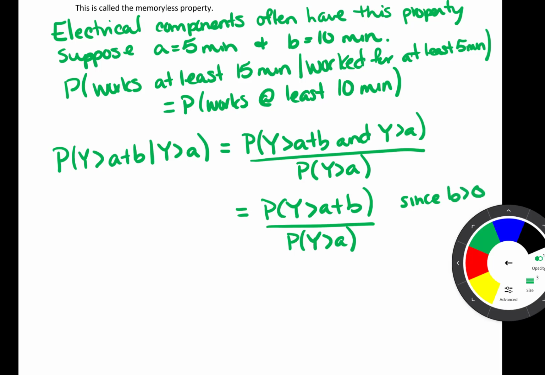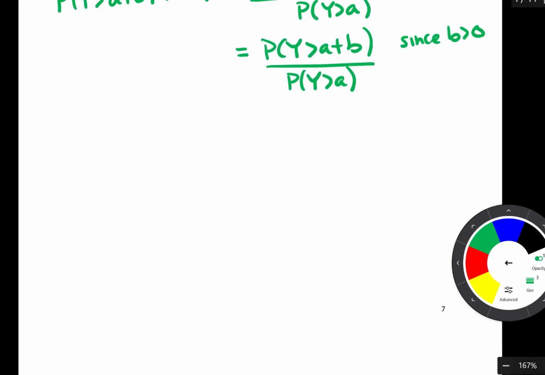All right, so let's find these two different probabilities. We're going to start out with the probability that y is greater than a. Well, in order to find this, we are going to integrate from a to infinity, because we want y greater than a, 1 over beta e to the negative y over beta dy. And so you may ask, well, where is that coming from?